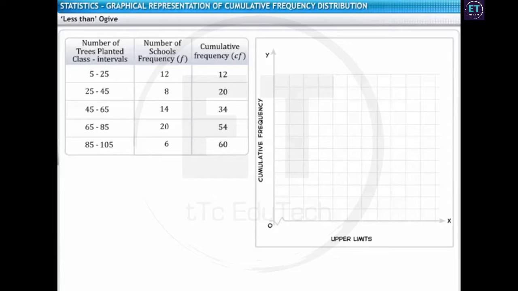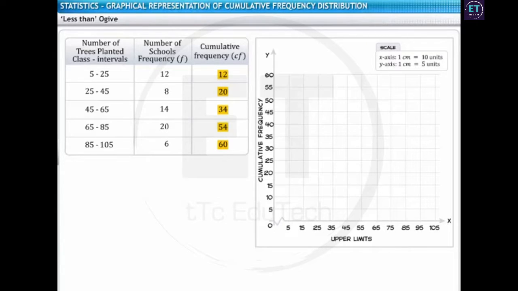Next, we'll choose a scale to mark the upper class limits on the x-axis. Here, we'll take a scale of 1 centimeter equal to 10 units, which is equal to 10 trees planted. Next, we'll choose a suitable scale to mark reference points for cumulative frequency on the y-axis. Here we'll take a scale of 1 centimeter equal to 5 units, which is equal to 5 schools. Next, we'll mark a point above each upper limit of data on the x-axis corresponding to its cumulative frequency on the y-axis.